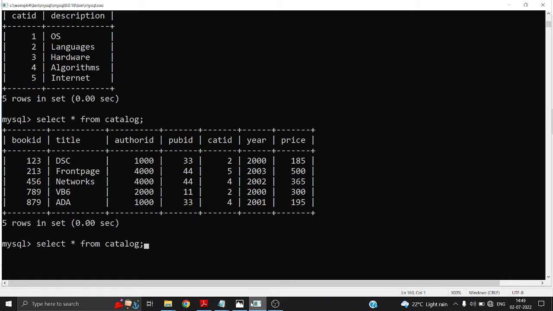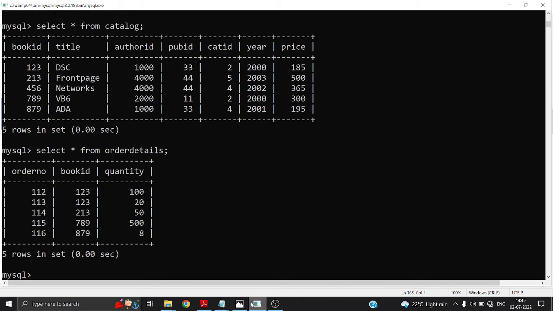Look at the last table, the order details table. This table maintains information about for which book an order has been placed. Book number 123 is DSC. For this textbook the order has been placed, the order number is 112.